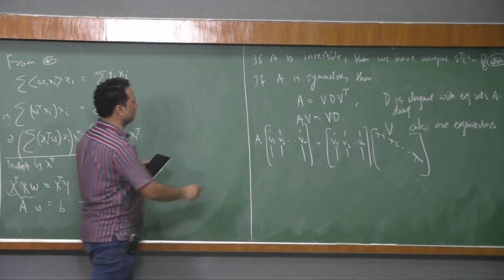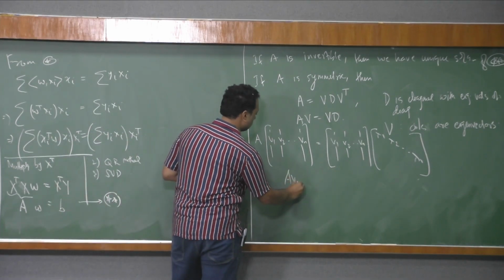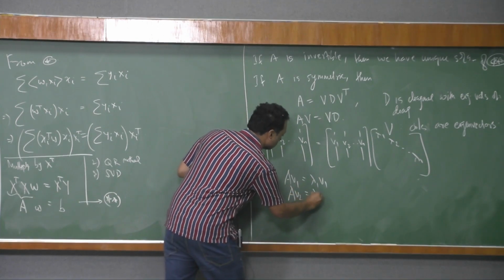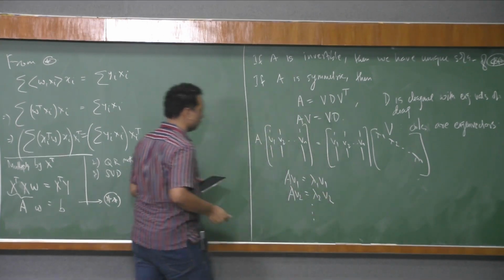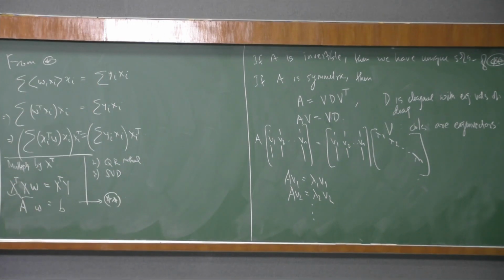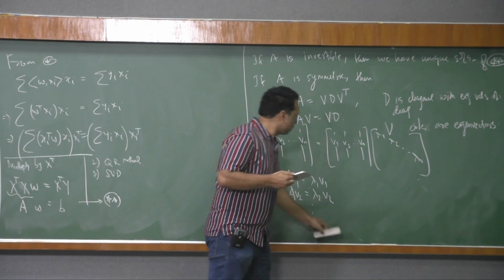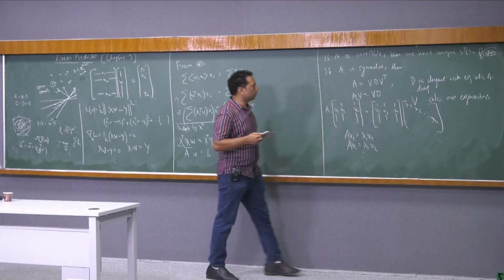A times the first column V1 is lambda 1 V1, A times second column is lambda 2 V2, and so on. This is a compact way to write the eigenvalue decomposition. We can have it if A is symmetric, and that's the guarantee, with the guarantee that these V are also orthogonal.